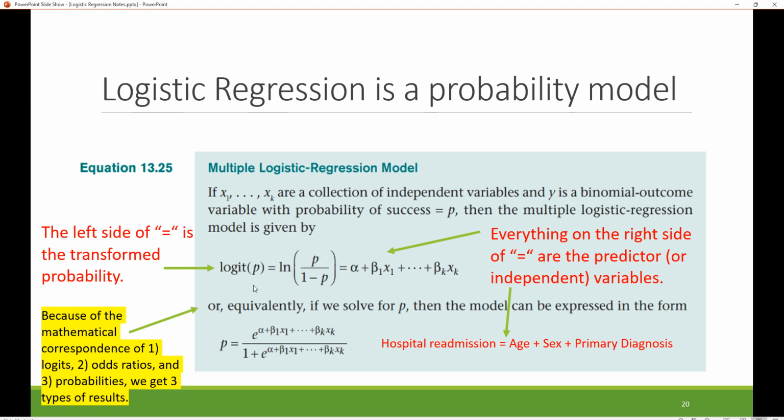It's just this left hand side which we would need to convert our probability to a logit, and a logit can be converted from a natural log of the probability over 1 minus the probability, or in other words, the odds. So if we get the natural log of odds, that gives us our logit. And when we do that, we can use what we're already familiar with through multiple linear regression. We can use this additive model to get a predicted probability.